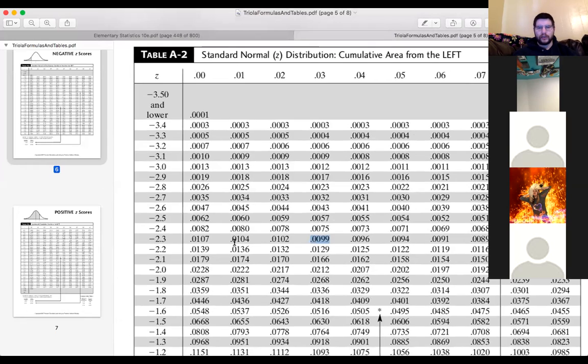So I look at the chart, it's going to be 2.33. You have to add the left column and the top row to get that total Z critical value. So that's how you can do it on the chart, or with inverse norm on the calculator.